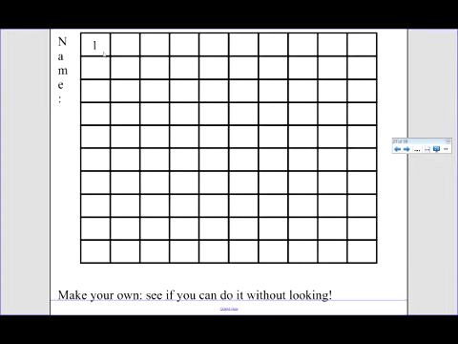And you need to either recreate it in your notebook or print it off so you can find out all those square numbers. Now you should be filling in the other blanks. So 1 times 1 equals 1, 2 times 2 equals 4, and see if you can do the rest by yourself.